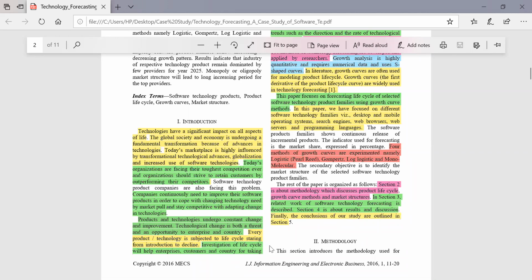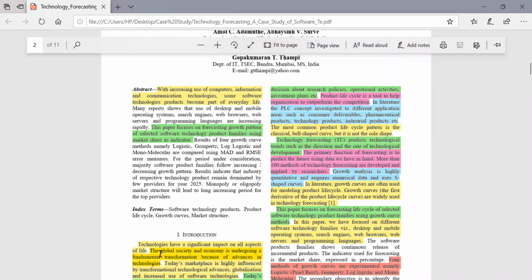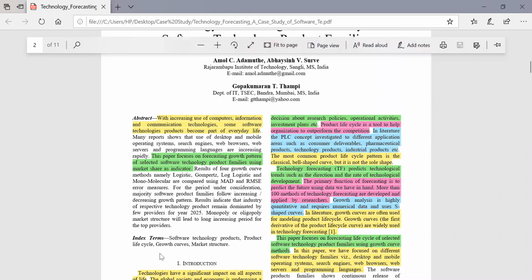So investigation of the life cycle will always help our enterprises, customers and the country in taking the right decision about what policies they have to decide based on the research, so that they can change the technology as per the requirement. What kind of operational activities have to be fine tuned? What investment plan does the company have to think about?